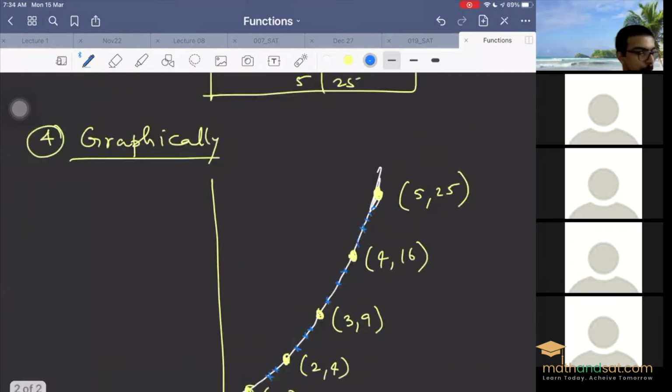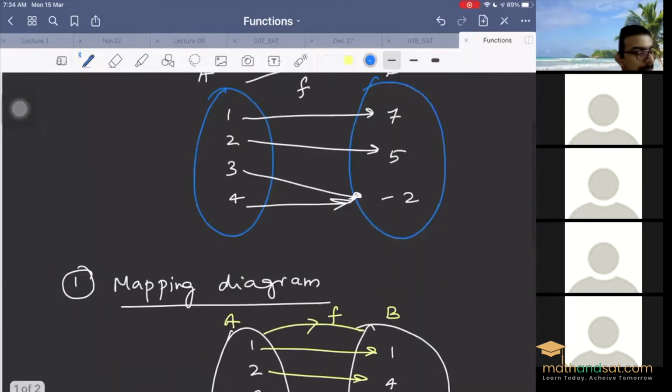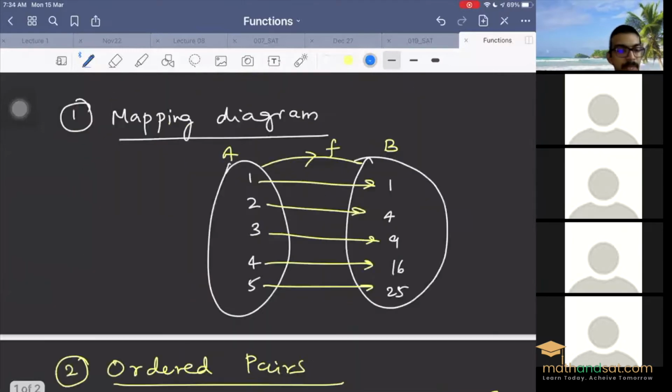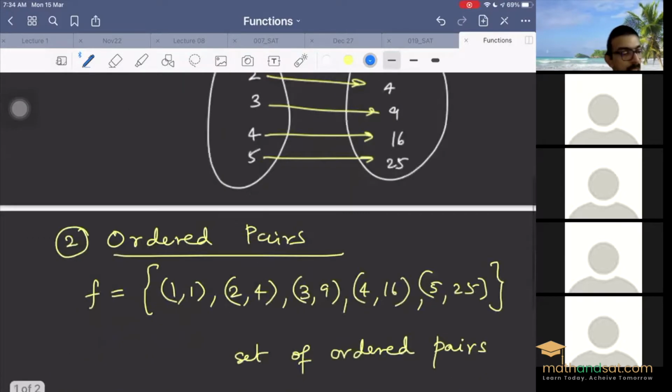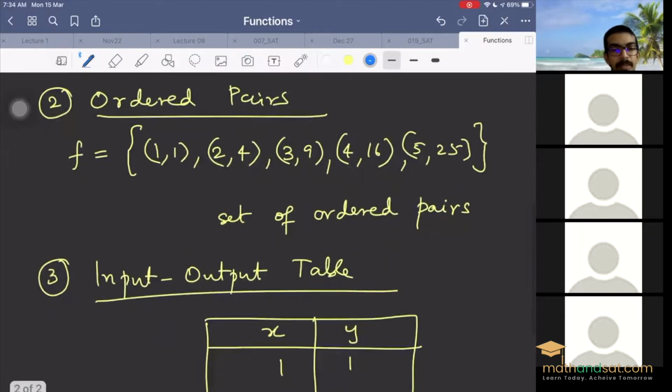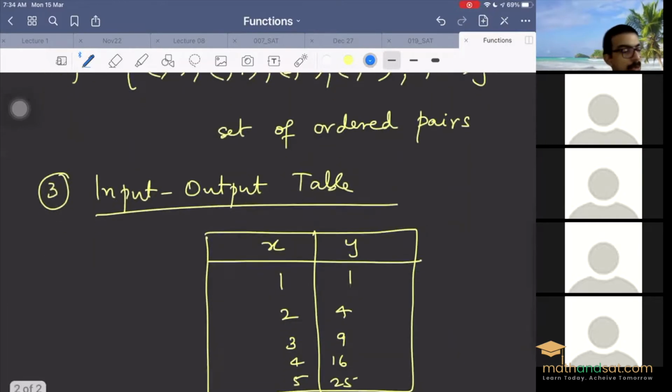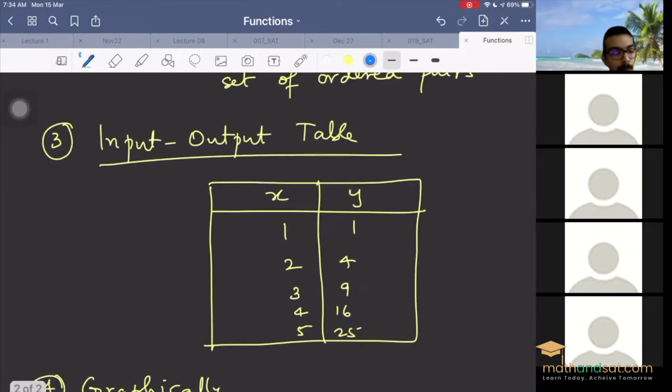So we are discussing the ways to represent a function. The first method is using a mapping diagram, where you show the mapping between input and output. The second way is to represent it as ordered pairs, put inside a set. The third is an input-output table, where the first column represents the inputs and the second column the corresponding outputs.